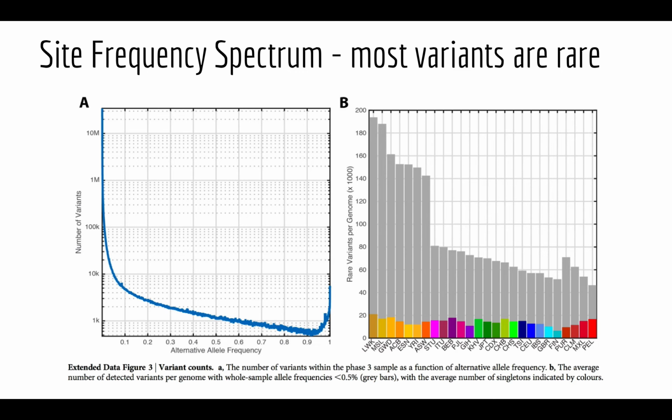If a variant is present on one chromosome out of 9 billion people times 2 chromosomes, because each is diploid, it would have a frequency of nearly 0, because it's 1 over 18 billion. If it's very common among all those 9 billion people, it's going to be way out here, right?